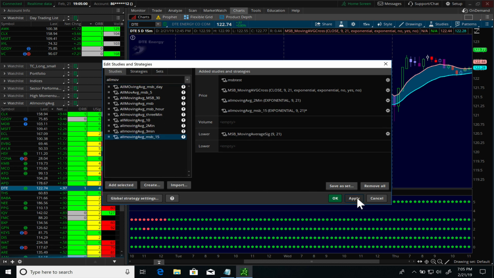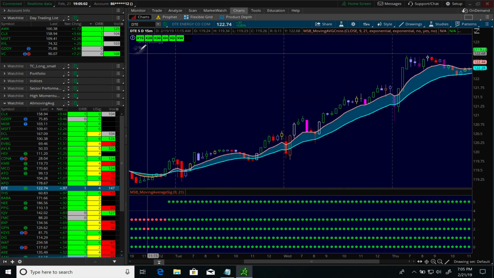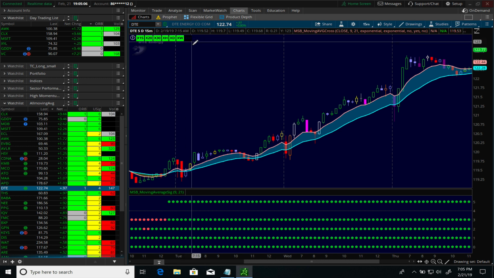So we add that, and now you'll see that you have 15, 30, hour, day and week. So assuming you trade on a 15-minute chart, then you will end up using the indicator that begins with 15. This one, of course, will be computed automatically for you.